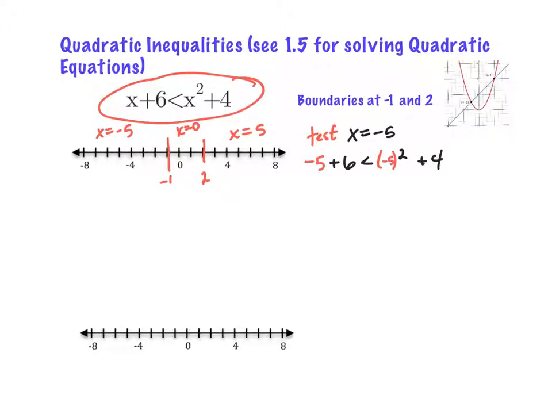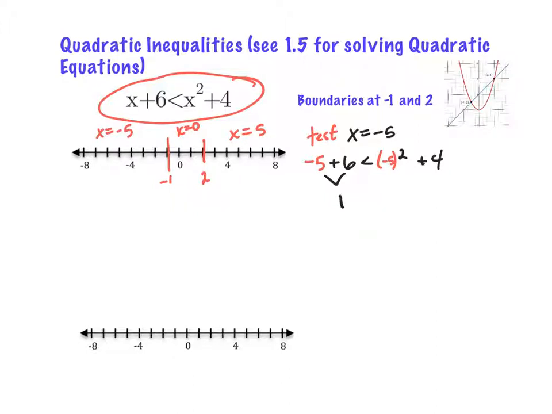One of the things you want to remember is that when you're simplifying, you're taking care of everything on the left and everything on the right. You're not using any of those solving steps like subtracting 4 from both sides. You're just evaluating both sides. So -5 plus 6 is 1.